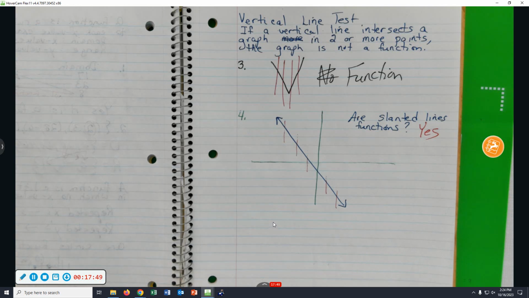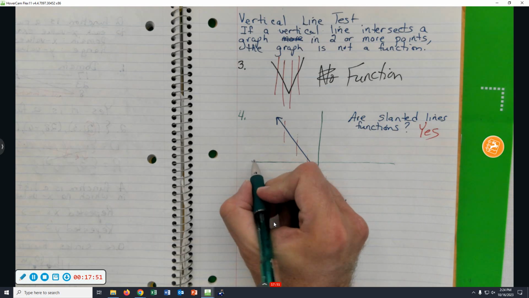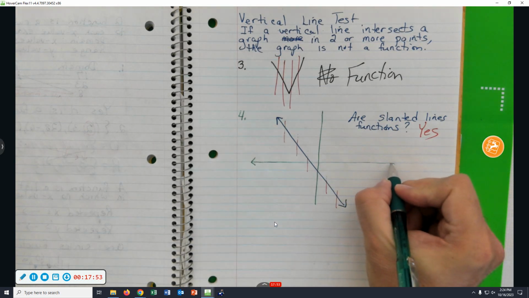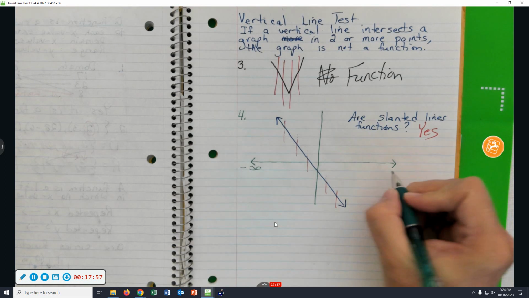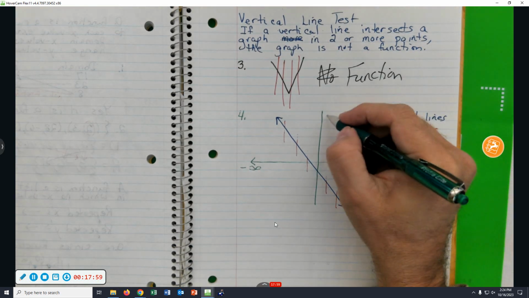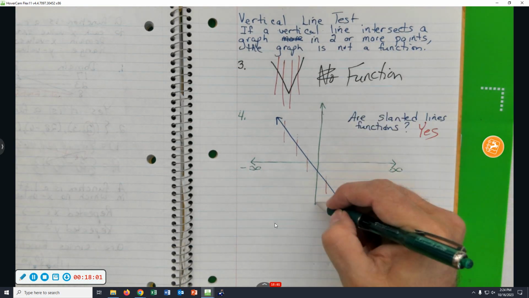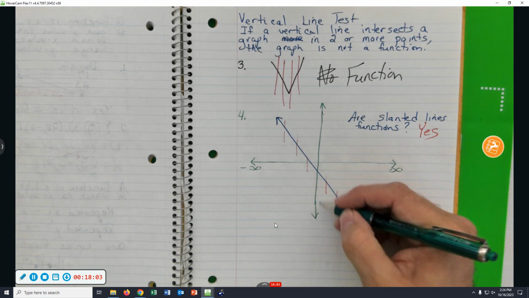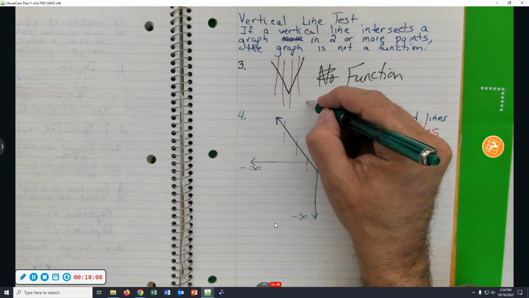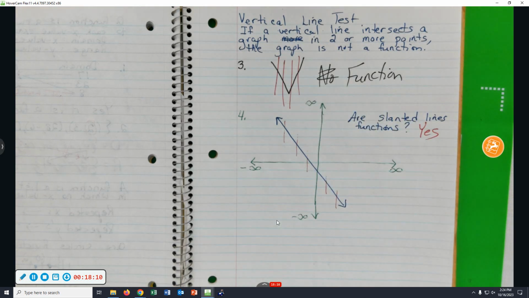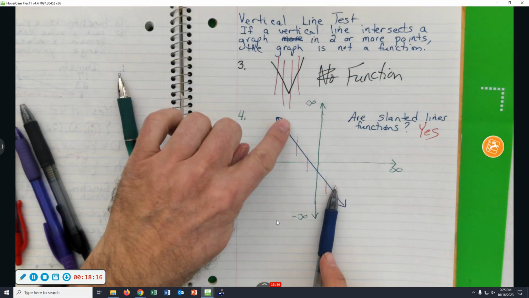Now, this gets a little tricky. I'm going to go ahead and label the arrows negative infinity to infinity. Here the arrow going down would be negative infinity, the arrow going up infinity. When it's asking for the domain of a graph, you're looking at the x values.